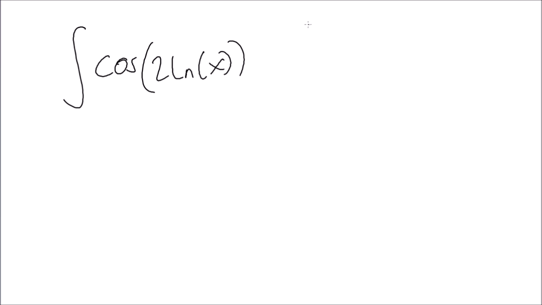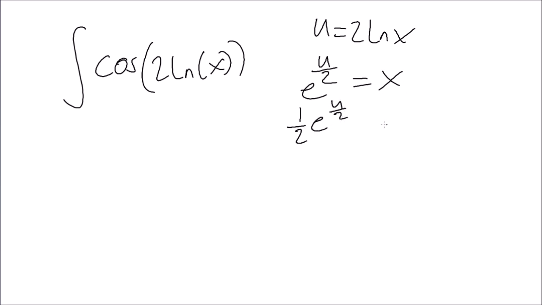I should memorize this, but pretty much you just let u equal 2 ln of x, and then x is e to the u over 2, dx is half of e to the u over 2. I honestly don't want to do this, but I have no choice.